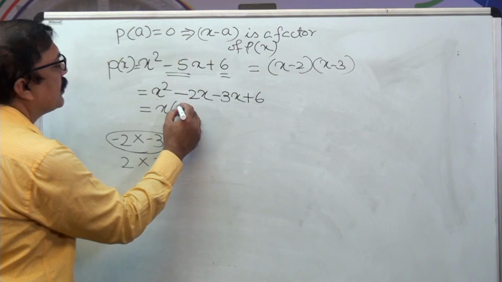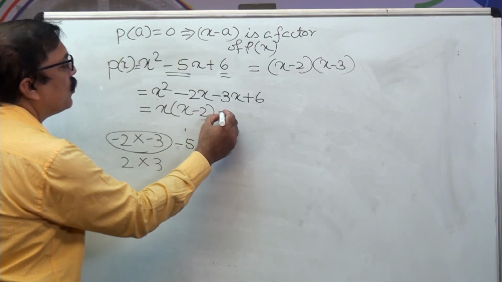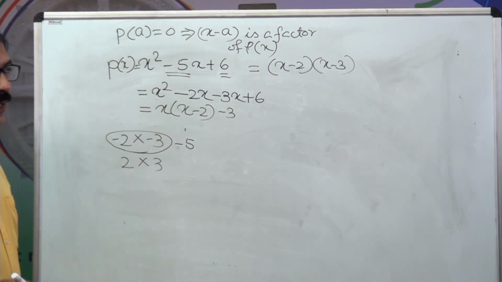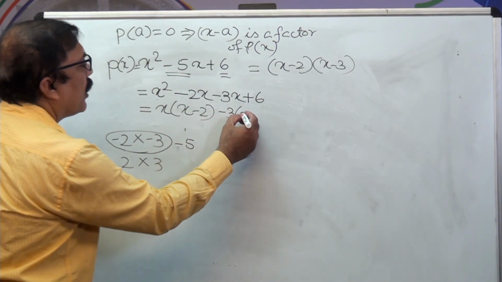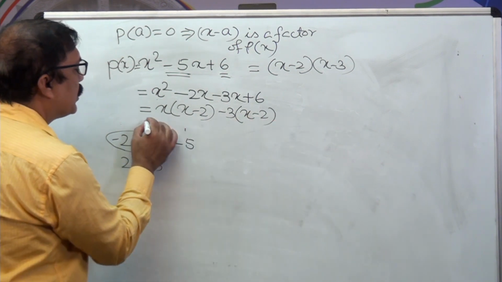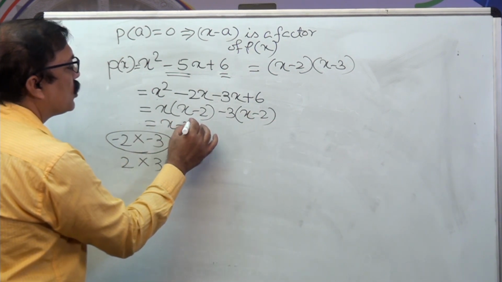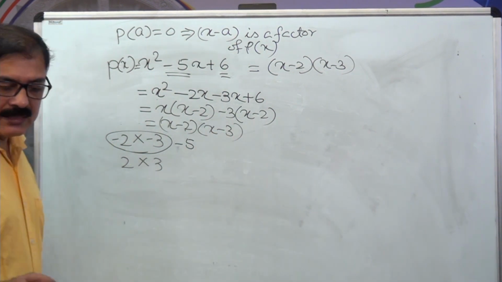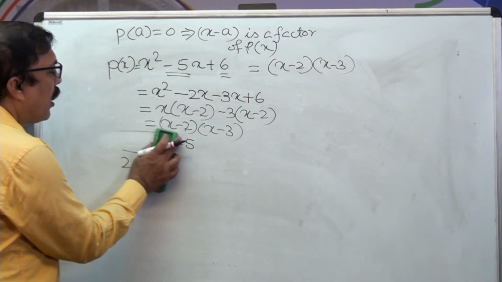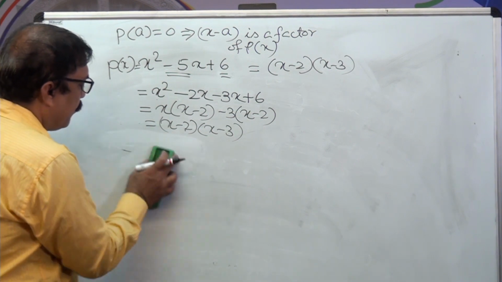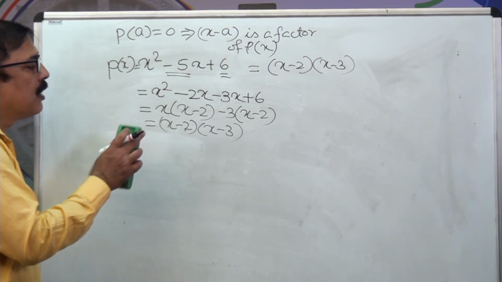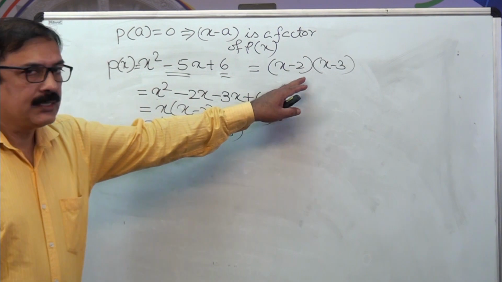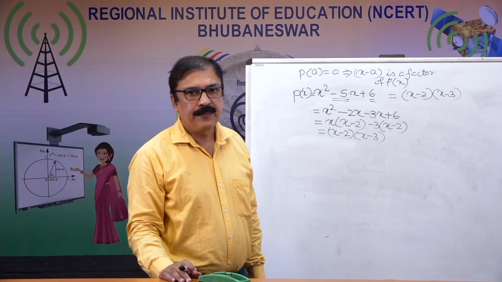So, x into x minus 2 minus 3 into x minus 2. This gives x minus 2 into x minus 3. As earlier, we have proved this by factor theorem. So, in both the cases, the result is the same.